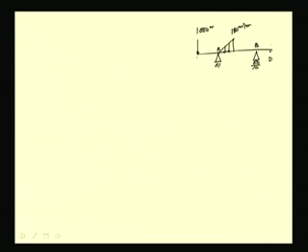Let us consider one example. Let us say we have a beam with a pin reaction at A and a roller reaction at B, and a uniformly varying load of say 100 newtons per meter, and a point couple at say the point D, which is equal to 60,000 Newton meter.